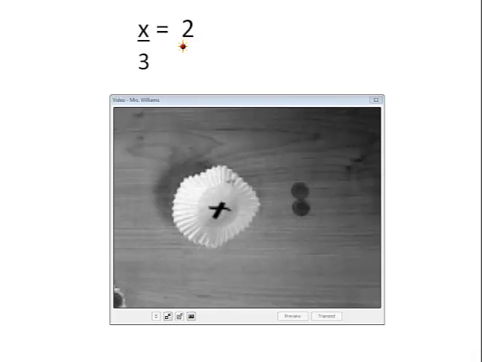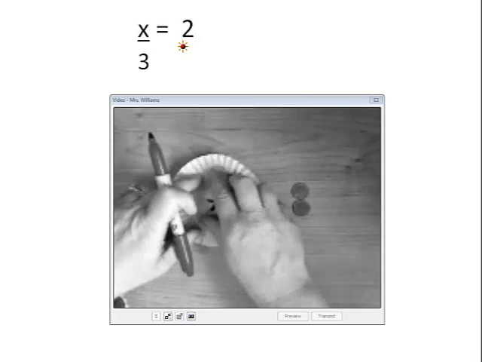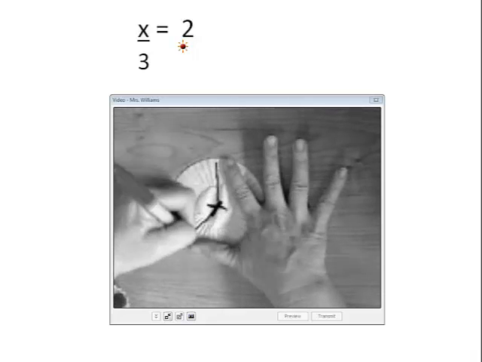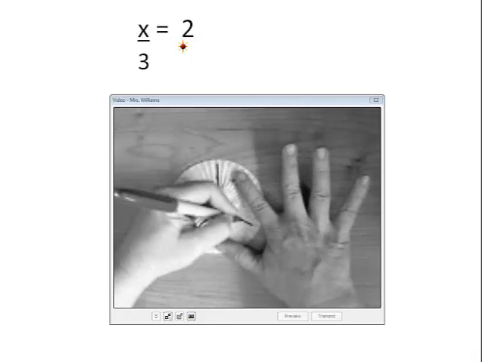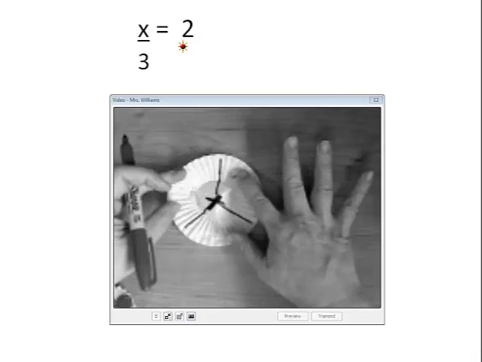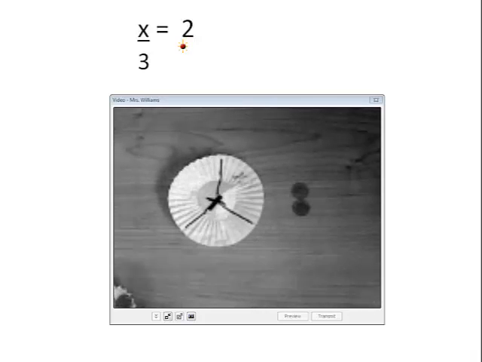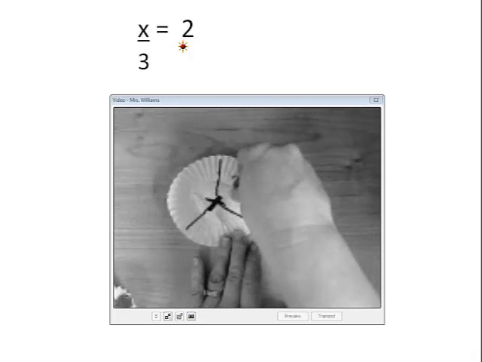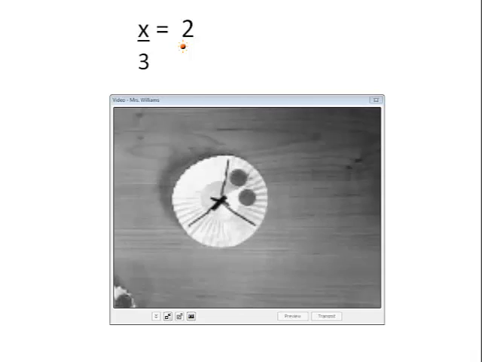So what we need to do is take that x box and divide it into 3 parts. So let's do that using a marker. Okay, so now I've got my x box divided by 3, and I know my x box divided by 3 has to equal 2. So what that equation is telling me is that this section of the x box has to equal 2.